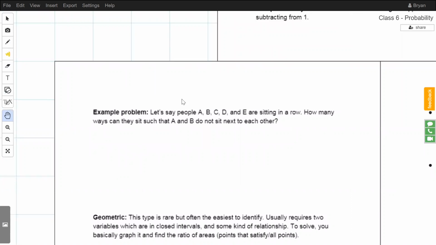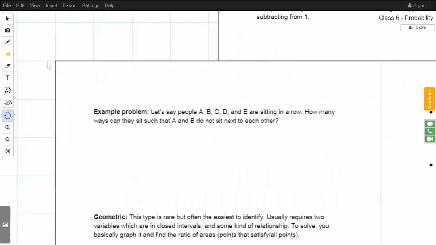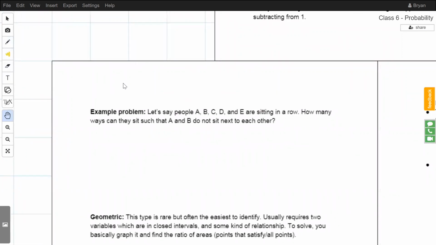So my exemplary problem for complementary counting is, let's say we have people A, B, C, D, and E. They're people, and they just have letters as names. How many ways can they sit such that A and B do not sit next to each other?